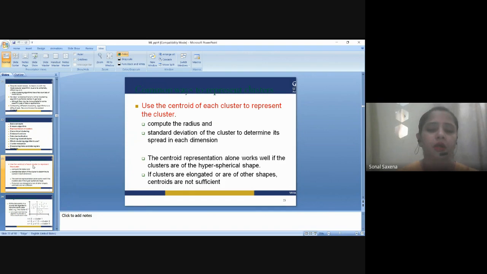How can we do that? We can compute the radius of that center. How can we compute the radius? As I already told you, we need to find the perimeter of the clusters that we are using. So that could be one possibility. Then after computing the radius, we need to find the standard deviation of the cluster to determine its spread in each dimension, that is, how much the cluster is spreading in each direction.